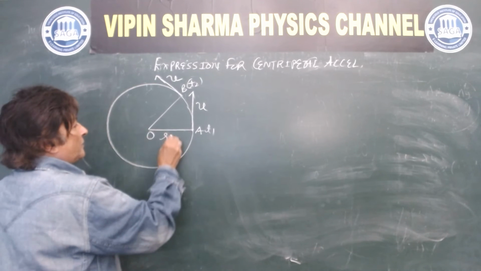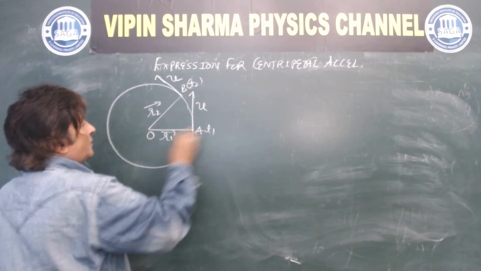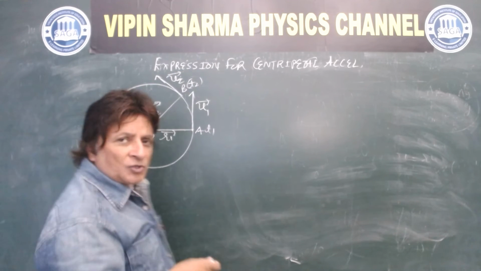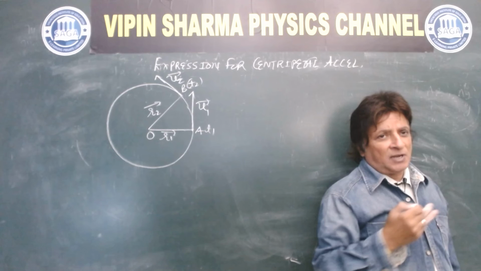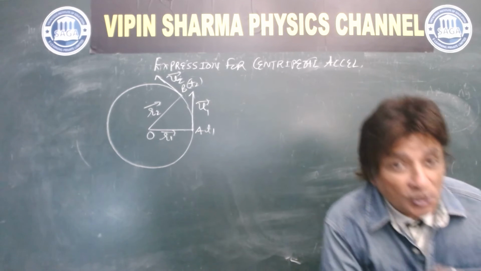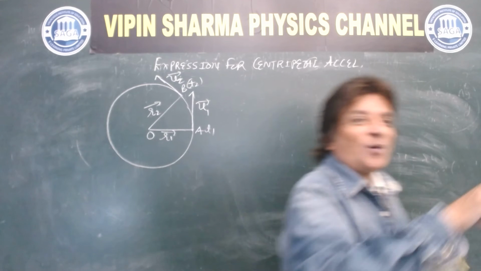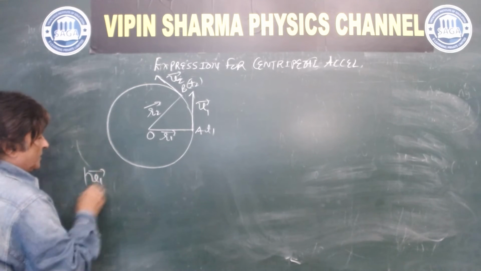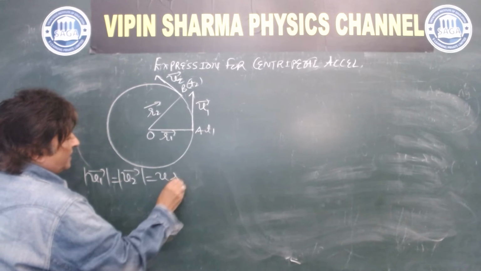Now, OA is the position vector r1. OB is the position vector r2. This is v1. This is v2. v1 is the velocity at the point A. v2 is the velocity at the point B. The interesting thing, students, is that v1 is equal to v2 is equal to v.